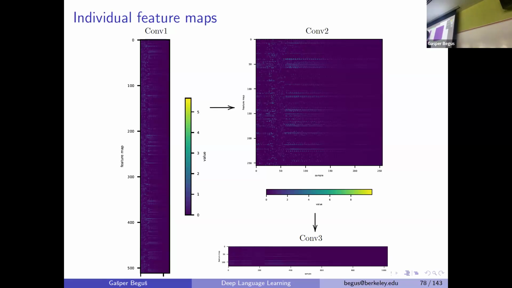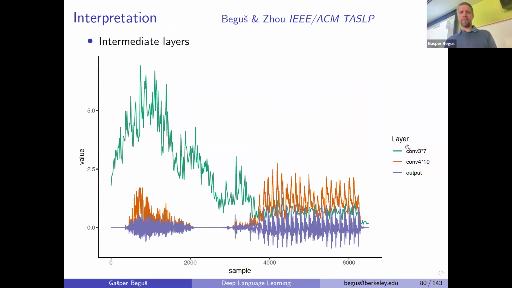It's the thing that comes after the filter for each layer. And we described this in our 2022 paper. And then second layer, third layer, you see the raw feature maps are not quite informative. What is more informative is some averaging over the time domain, which really gives you a summary of what each layer is doing, right?